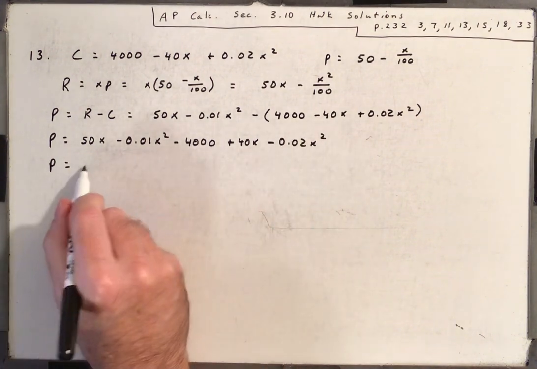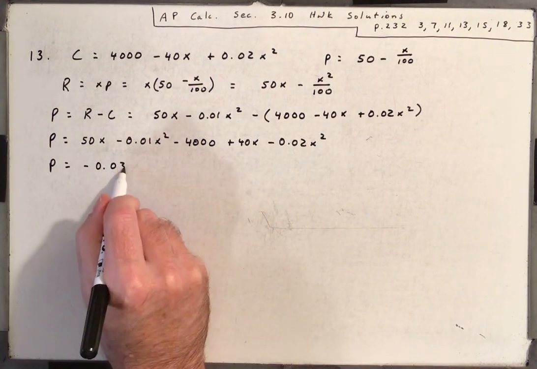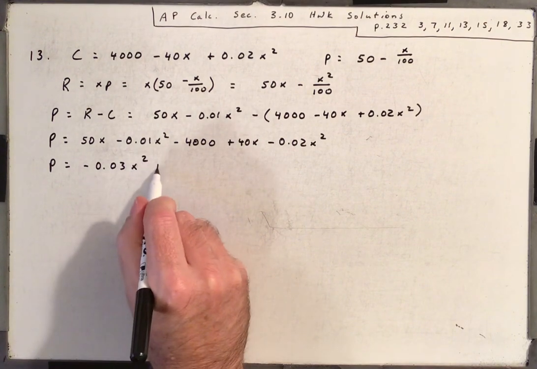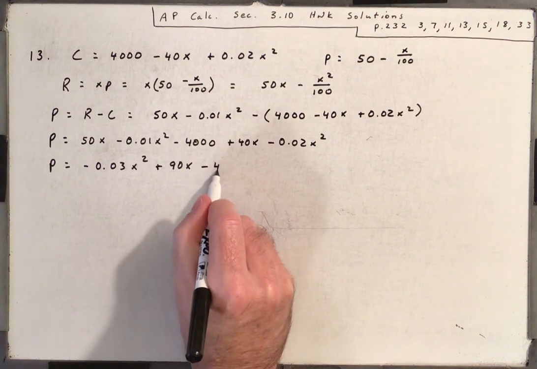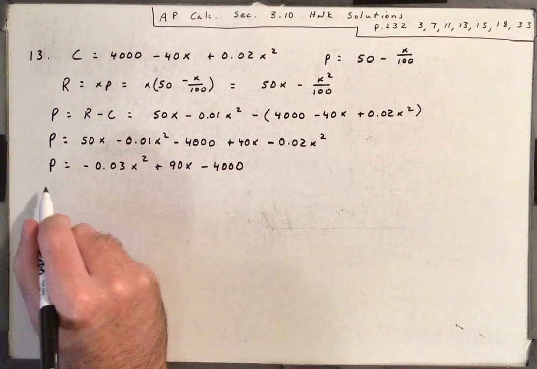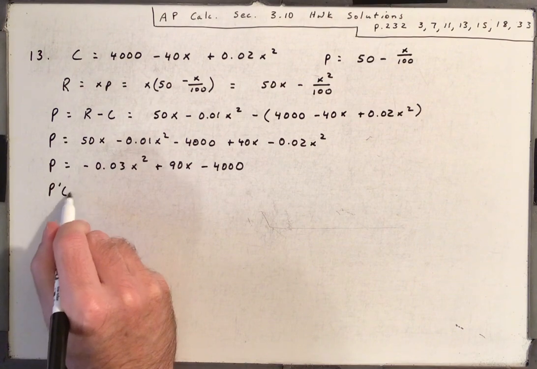Combining like terms, I'm going to have minus 0.03x squared plus 90x minus 4,000. So we finally got to the profit equation.